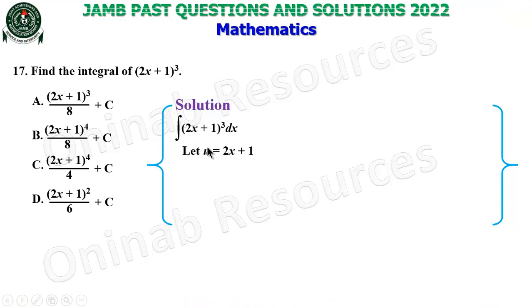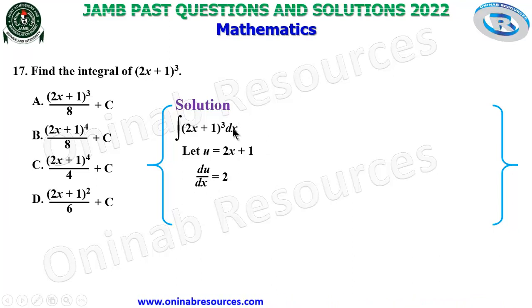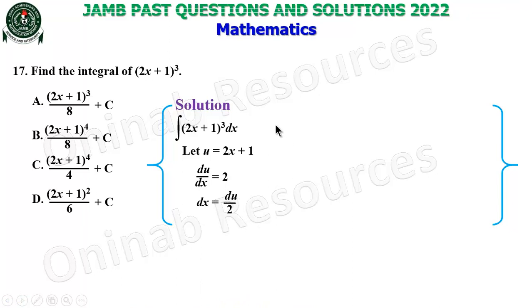We then differentiate u with respect to x. So du over dx is equal to 2. The derivative of a constant is 0. We then make dx the subject of the formula so that we can substitute here. So we now have dx is equal to du over 2.